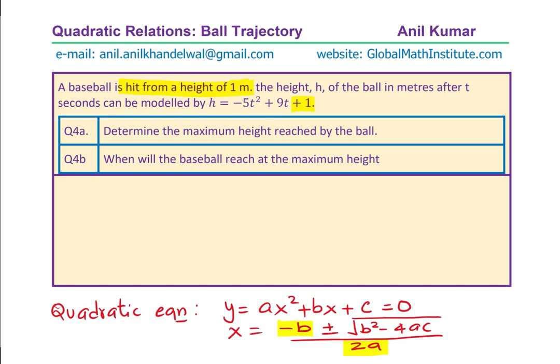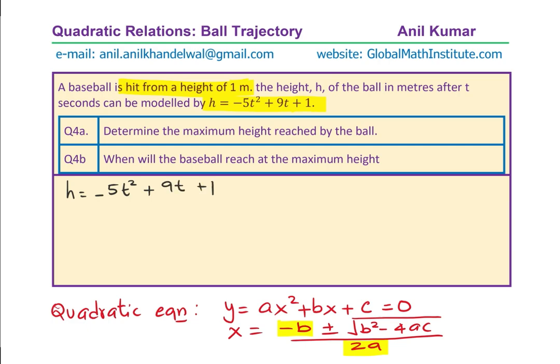T equals 0, you get 1 meters. Now, the equation is given by h equals minus 5.5 t squared plus 90 t plus 1. Write down the equation. We have rounded 4.9 to 5 in this particular equation, right?